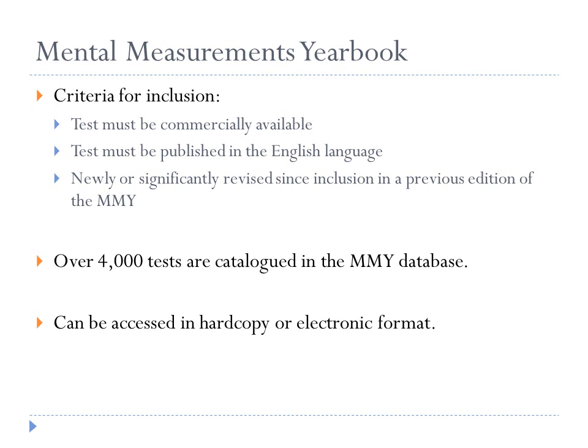And thirdly, revisions of previously published tests can appear in the yearbook so long as the revisions are significant, meaning structural changes, addition or subtraction of test items, changing of scales. In total, there are over 4,000 tests that have been cataloged and reviewed in the 18 versions of the Mental Measurements Yearbook since its inception.